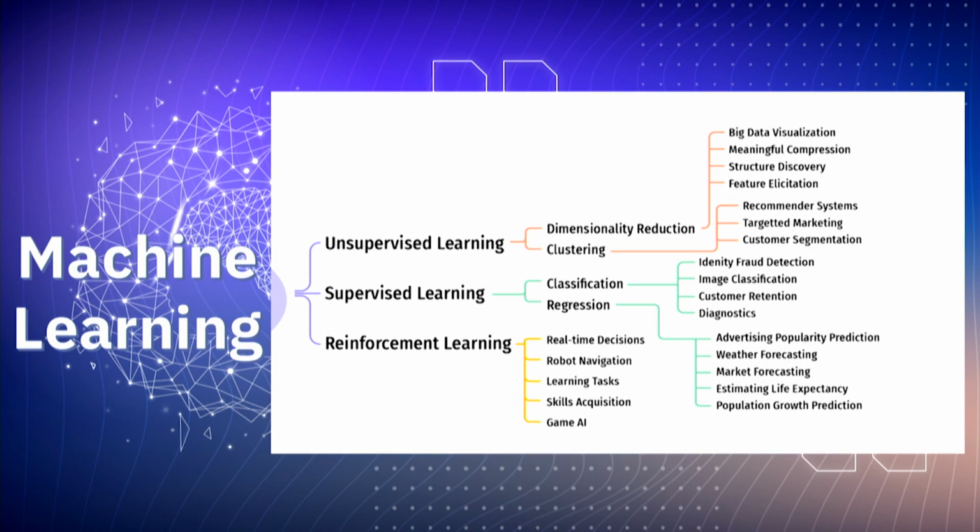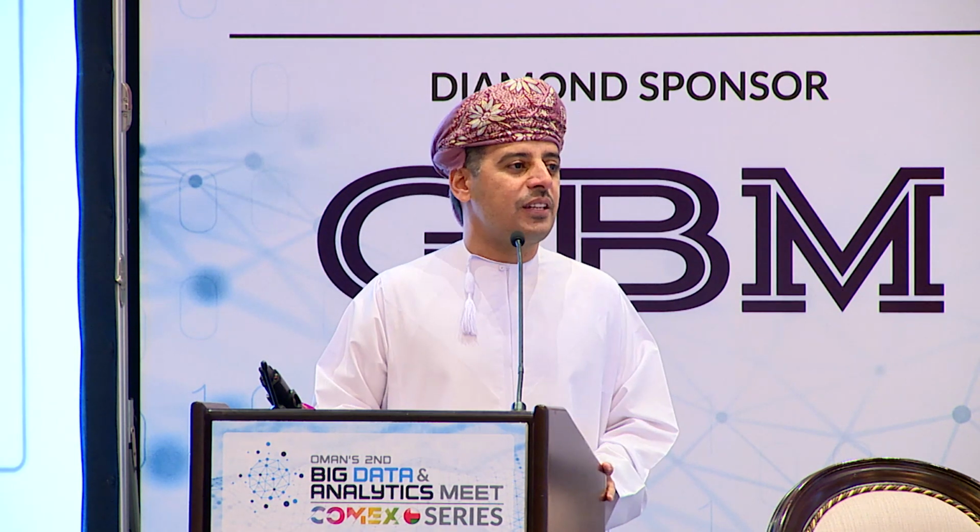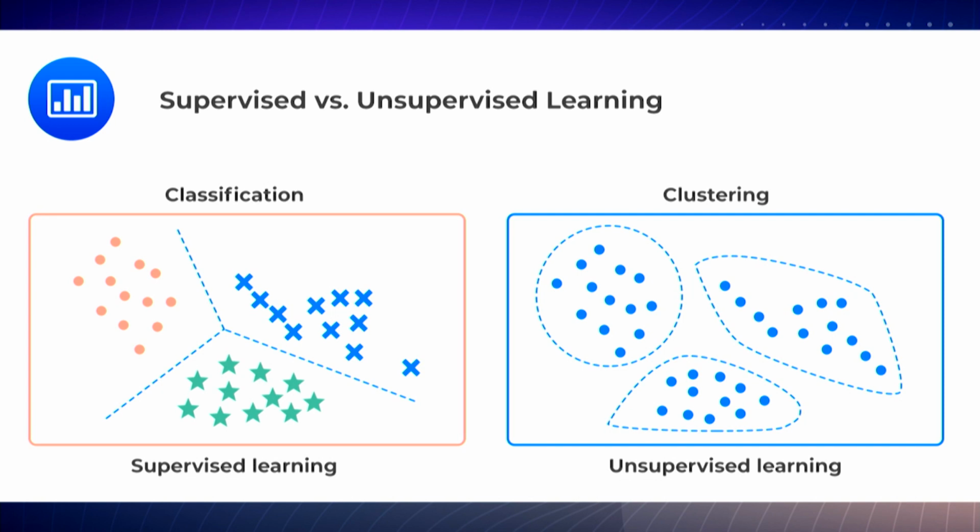In order to define the main differences between these types of machine learning and advanced machine learning, let's take some examples. The main difference, first of all, between the first two: in supervised learning, as you can see, it classifies the data, or I can say the observations.